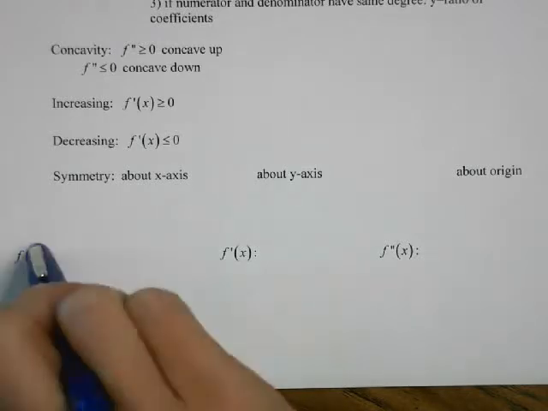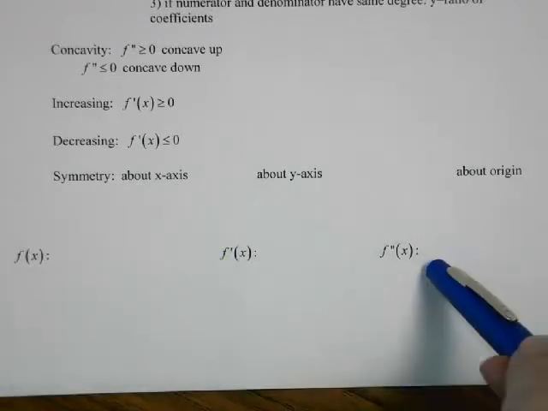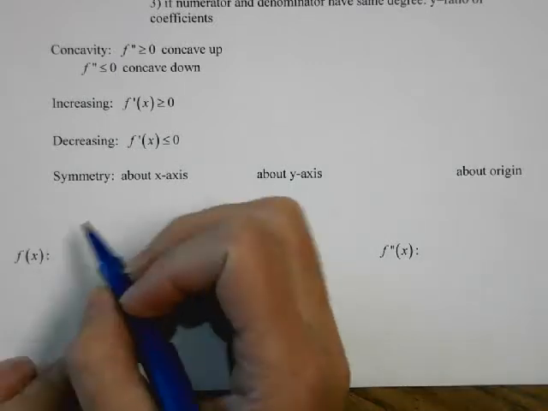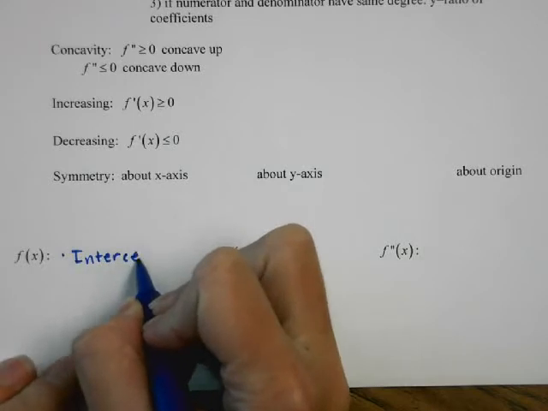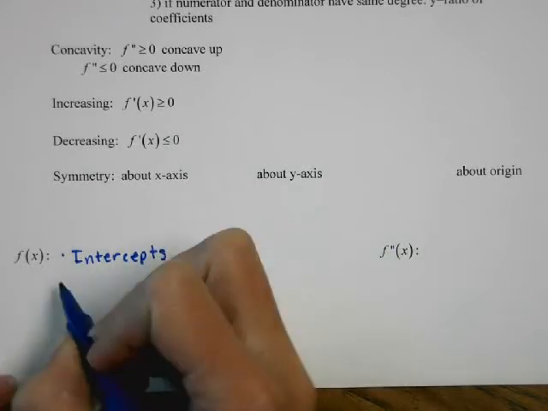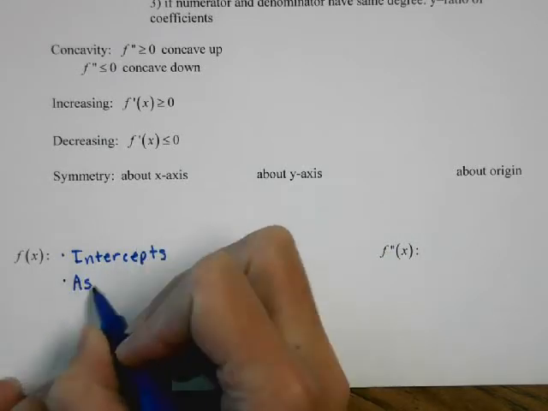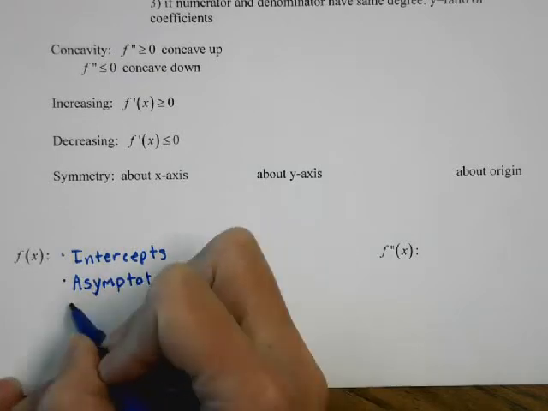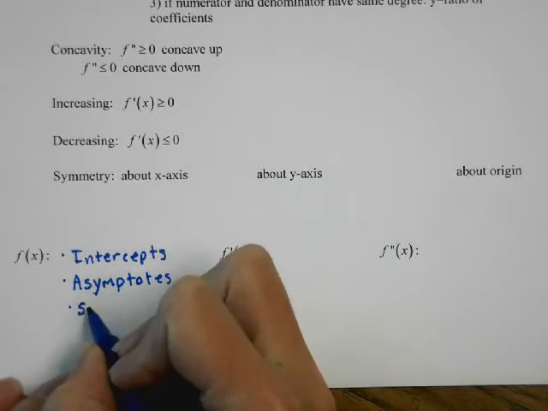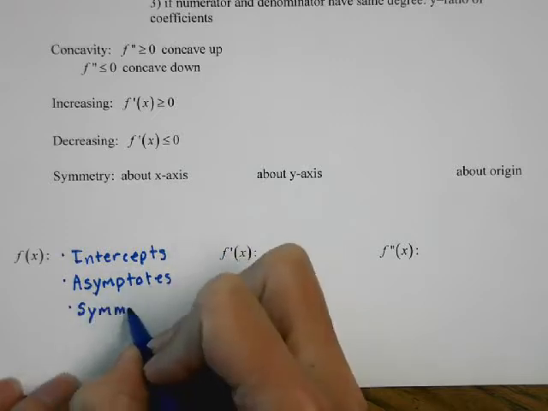So which of these things can we get from f of x, f prime, and the second derivative? F of x, we can get the intercepts. We can figure out what the asymptotes are. And any symmetry, whether it's an even or odd function.